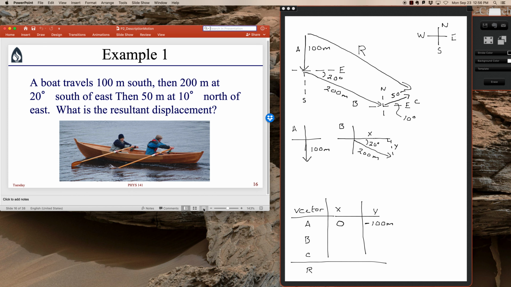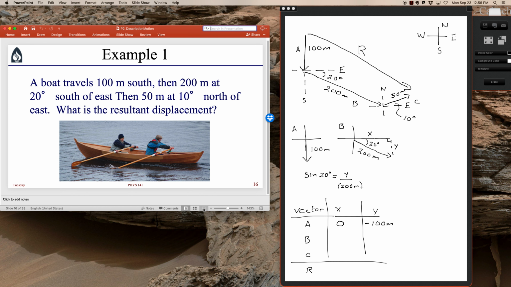If I first take the sine of that 20-degree angle, sine of 20 degrees is going to be the opposite side, which is the length of the y component, divided by the hypotenuse, which is 200 meters.